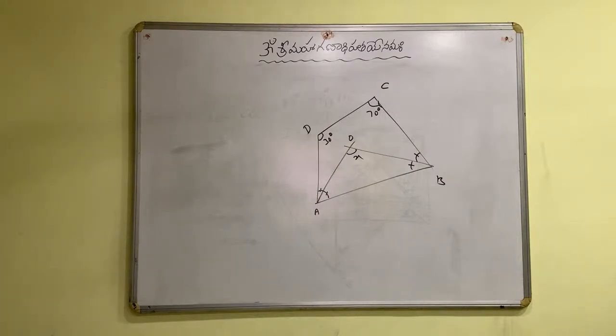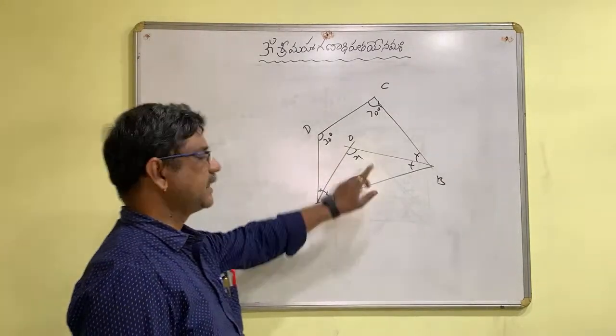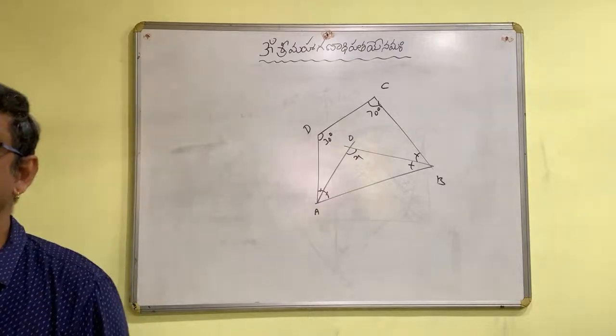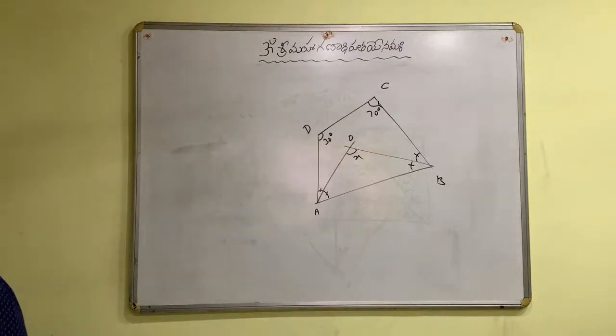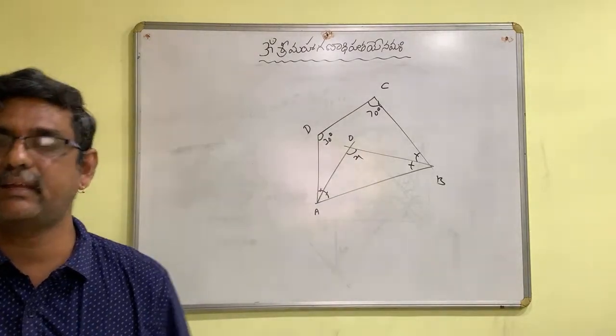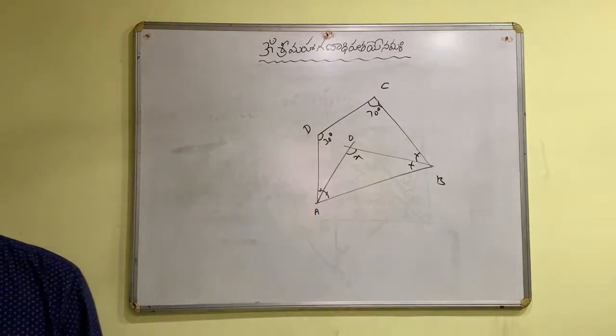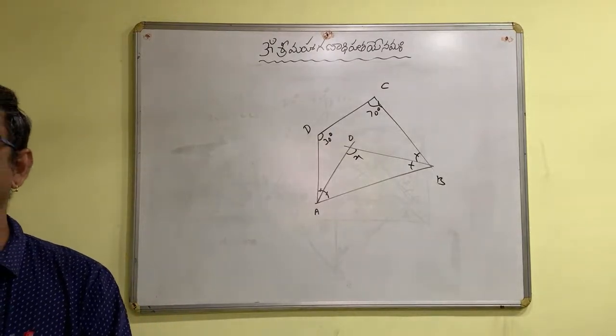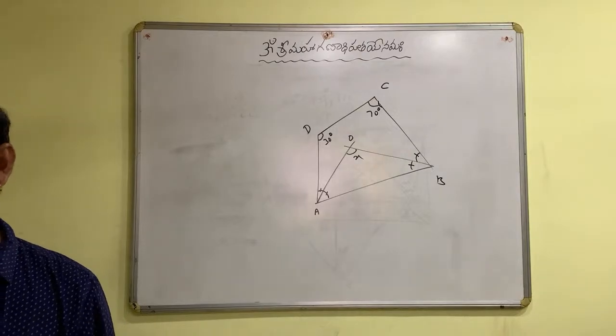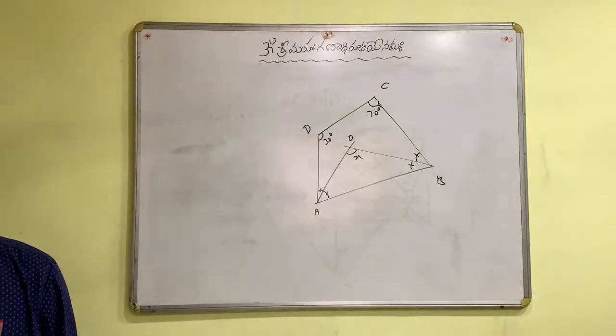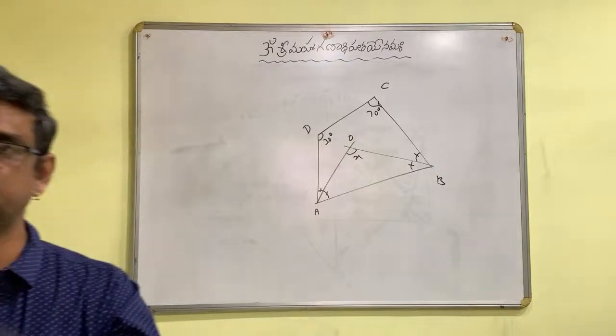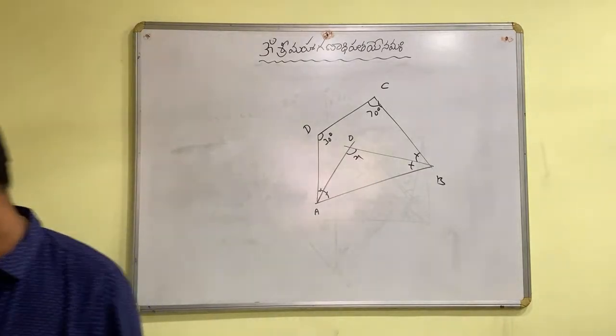What is the measure of this angle? That is the question. Angle C 70, angle D 30. OA is bisector of angle A, OB is bisector of angle B. We need to find out angle AOB. Any idea, children?